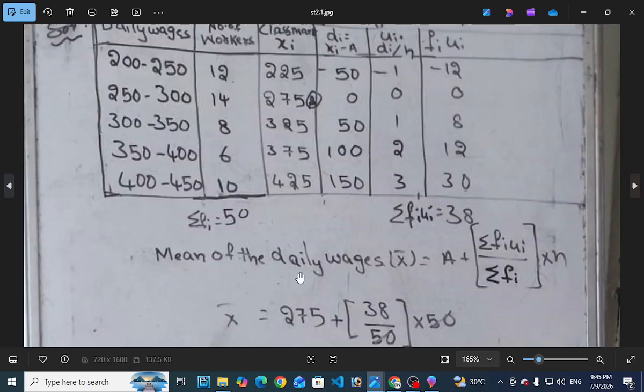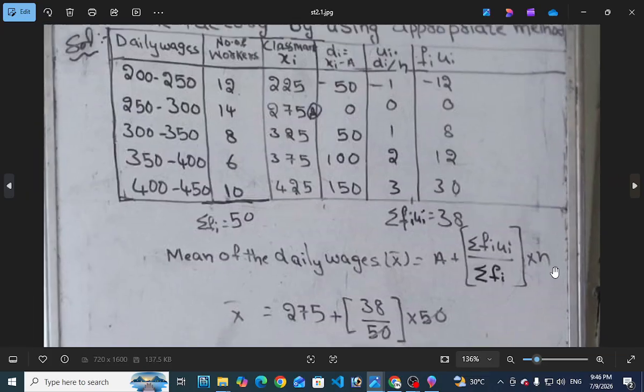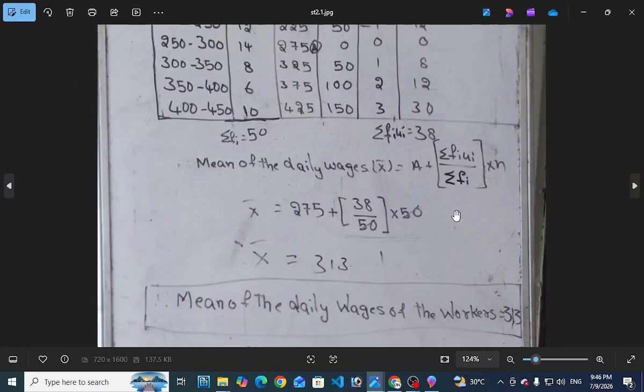Finally, the mean of the daily wages equals A plus sigma fi ui by sigma fi into h. If we substitute all the values in this formula, we get the solution as 313, which means the mean of the daily wages of the workers is 313.